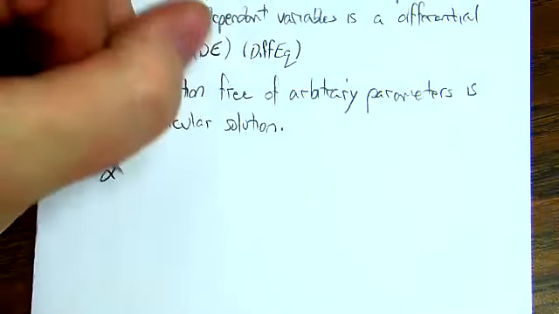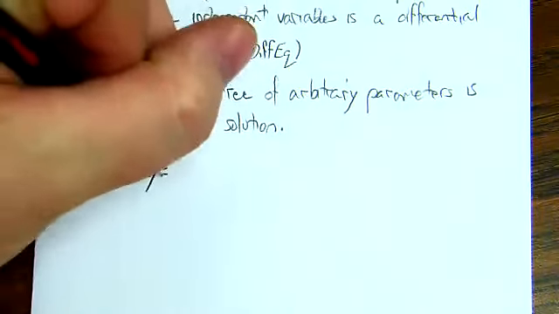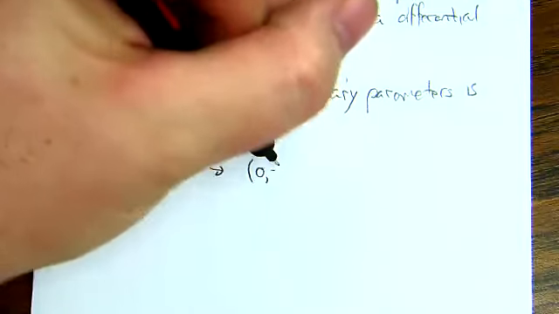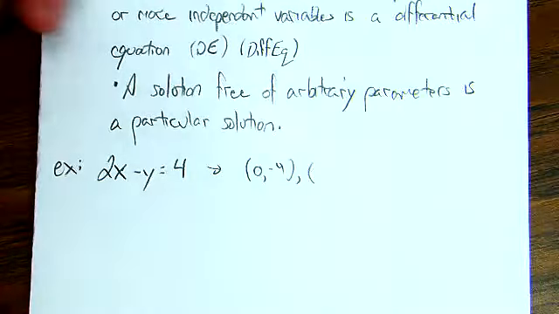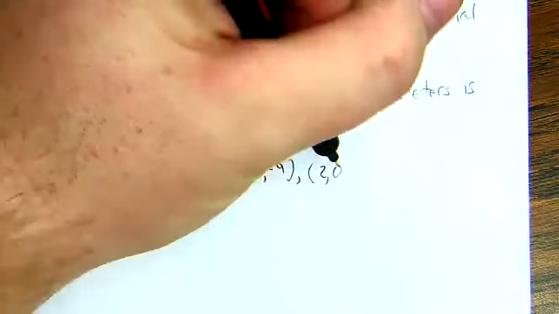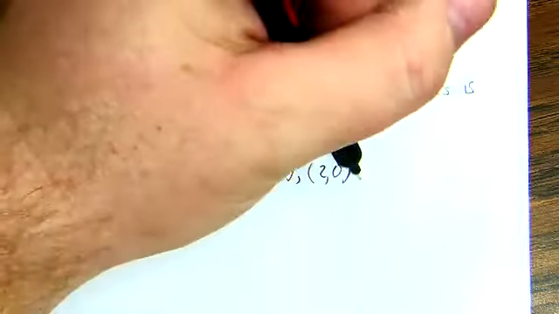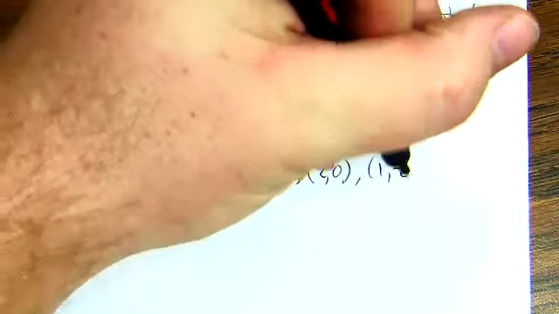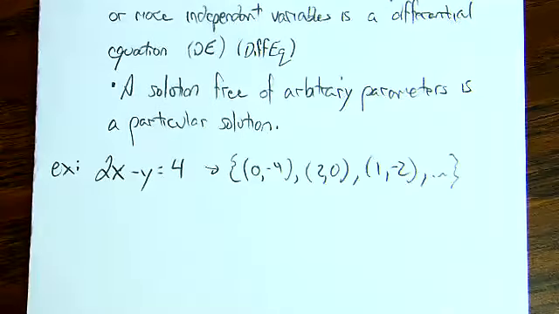For instance, if I have the equation 2x minus y equals 4, well, this has solutions (0, -4), (2, 0), (1, -2), and I could literally keep going forever here. There are an infinite number of solutions to this, but a solution is something which makes it a true statement.